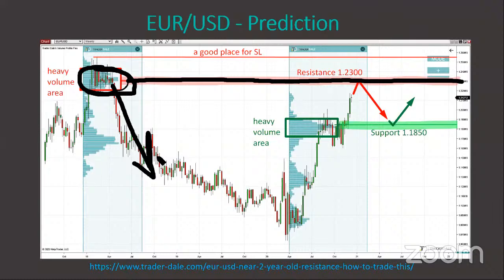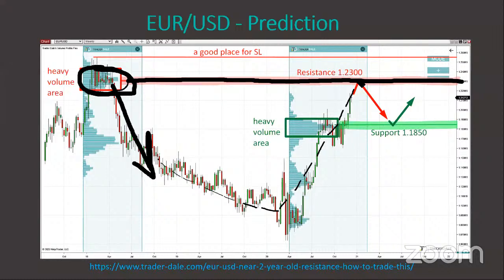And what you want to do is wait for a pullback. And you need to be super patient because this is long-term investing, and just waiting could take years. In this case, it was over 2 years before the price reached that resistance. So you need to be patient. This is all about patience.